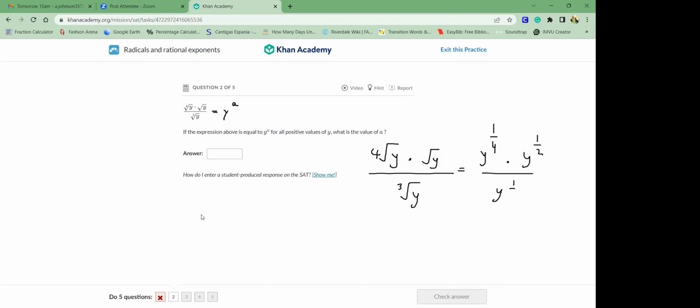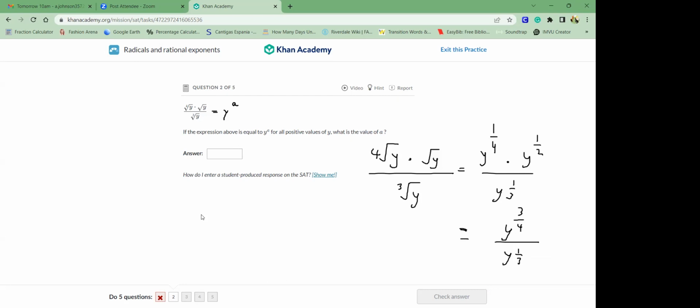Yes, exactly. So now we have y to the 3/4 divided by y to the 1/3. Now, what are we going to do with this and this? Subtract.